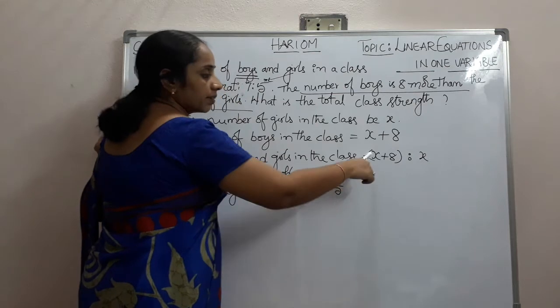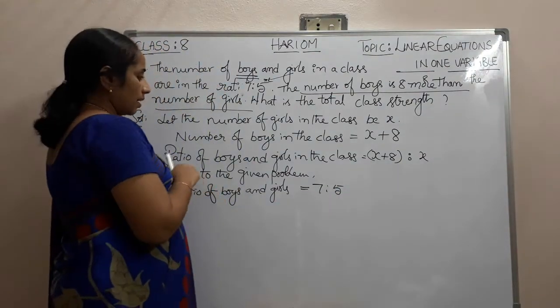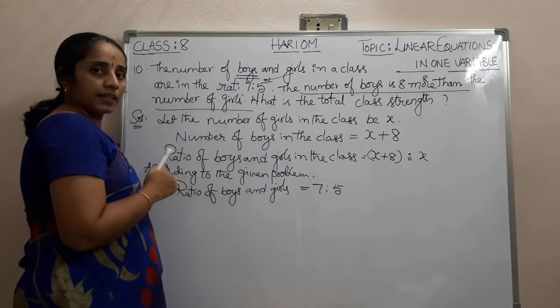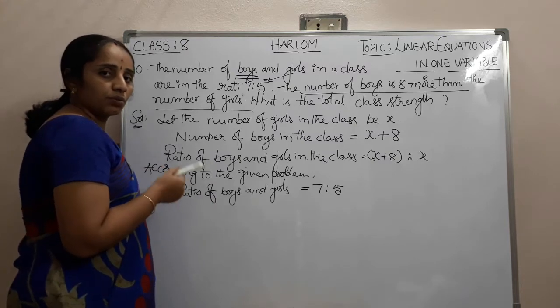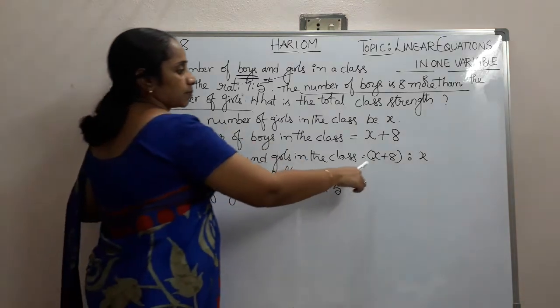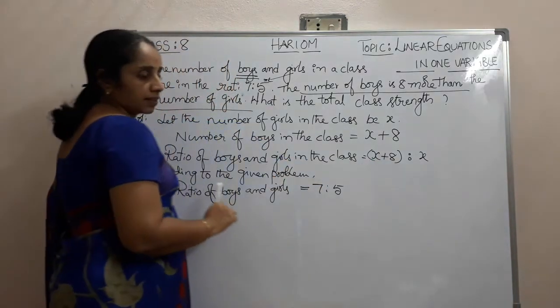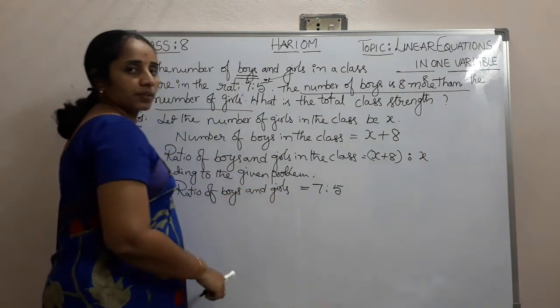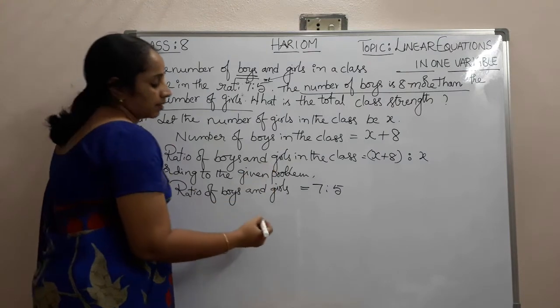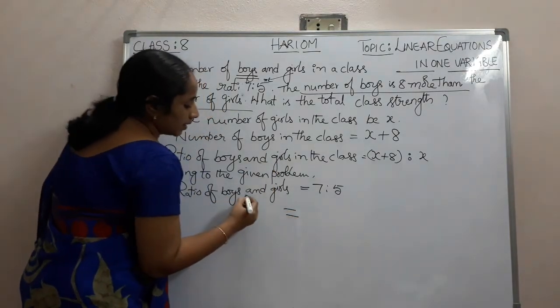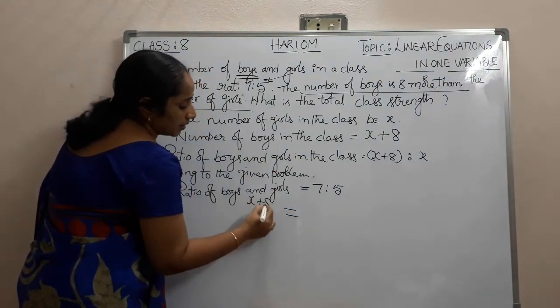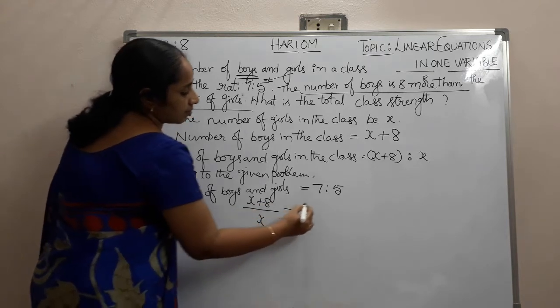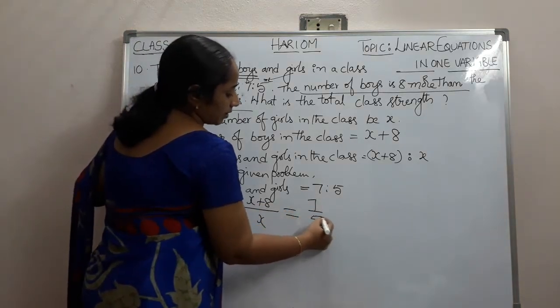These two are equal, no? Why? Because as per the given data, the ratio we deduced is x plus 8 is to x, and as per the given problem it is 7:5. Both are equal, that is x plus 8 by x is equal to 7/5.